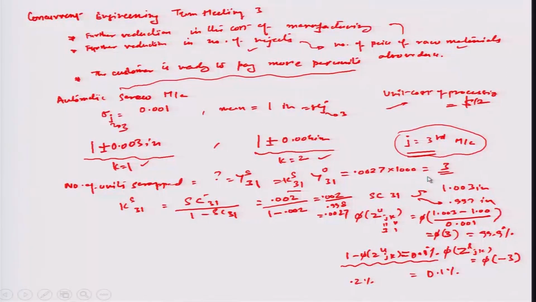So, only 3 pieces are scrapped if you use the slightly tighter specification on the third machine, automatic screw cutting machine, and the number of raw units. Okay. So, let us find out the number of raw units needed. Number of raw units is again based on yi31, which is equal to ki31 times of y031, that is 1.0027 times of 1000.